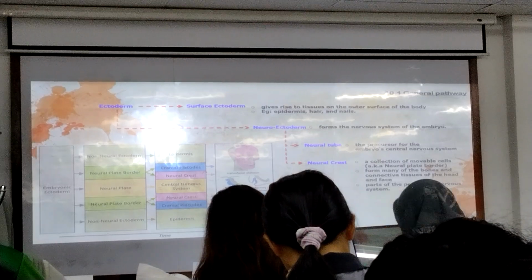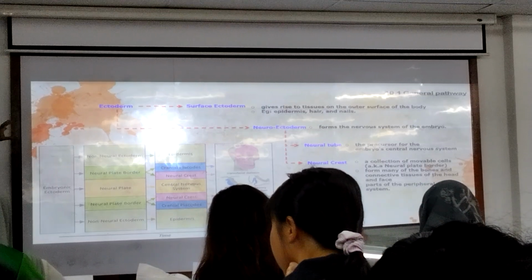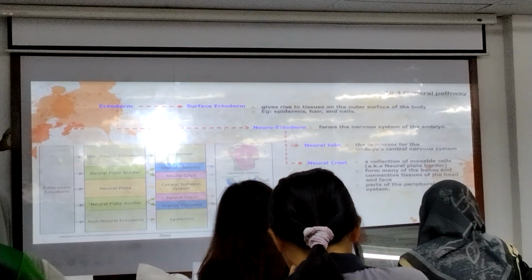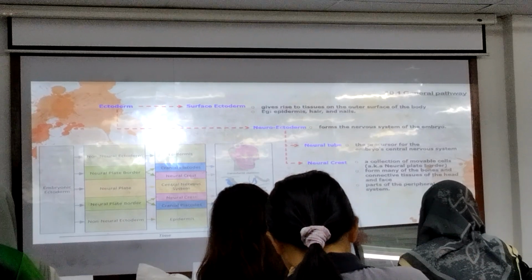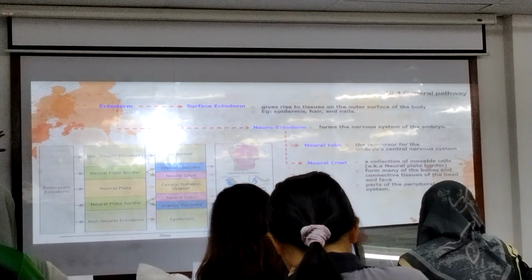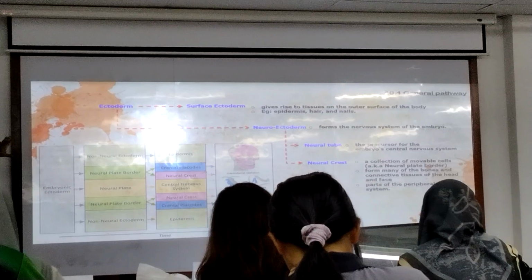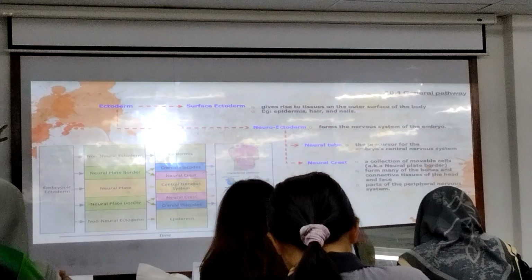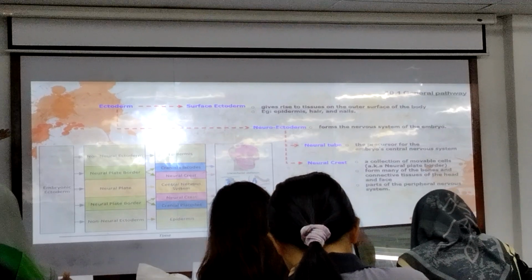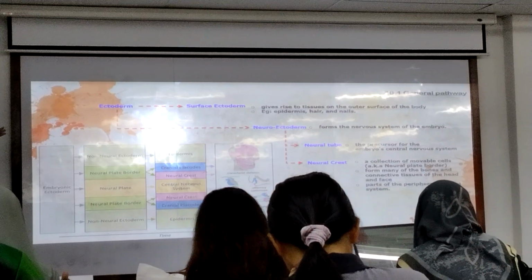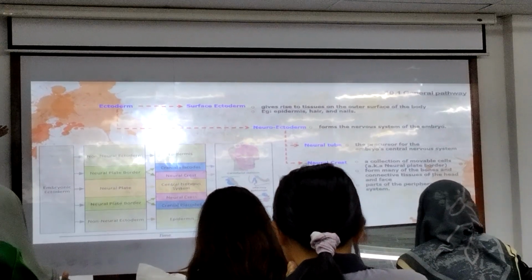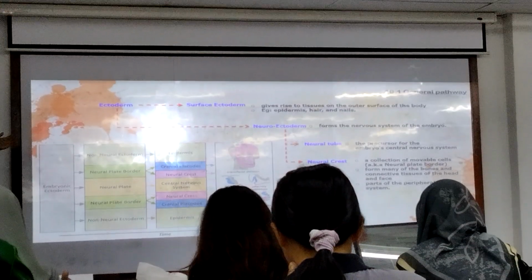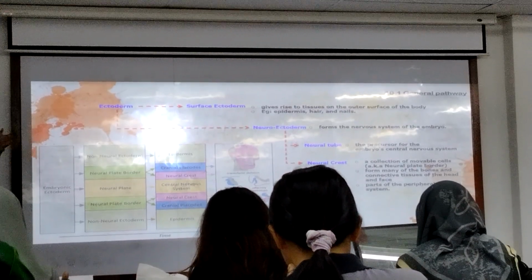So this is the general pathway of what happens in the organism. In humans, once you have the ectoderm, you get it through gastrulation. Neurulation is a similar or simultaneous process.